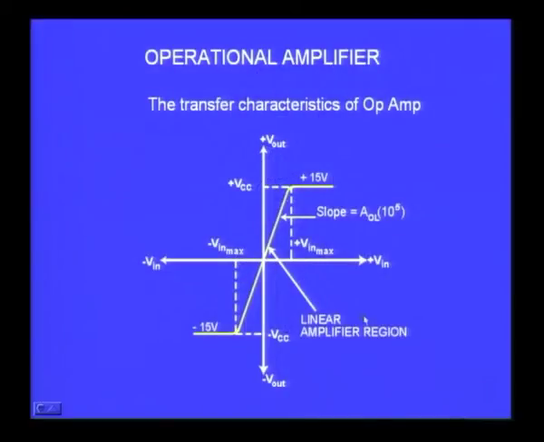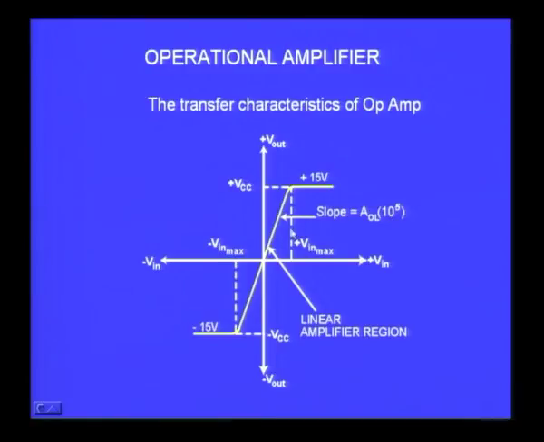That is what is shown here. This V plus on the input side and the V minus on the input side, they are about 150 microvolts on either side, and only between them you find there is a straight line, and the slope of the straight line is nothing but the open loop gain. In this case, typically it is 10 power 5.